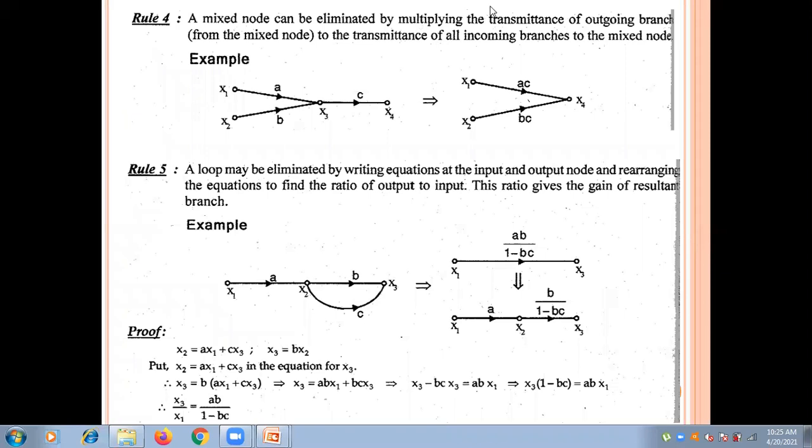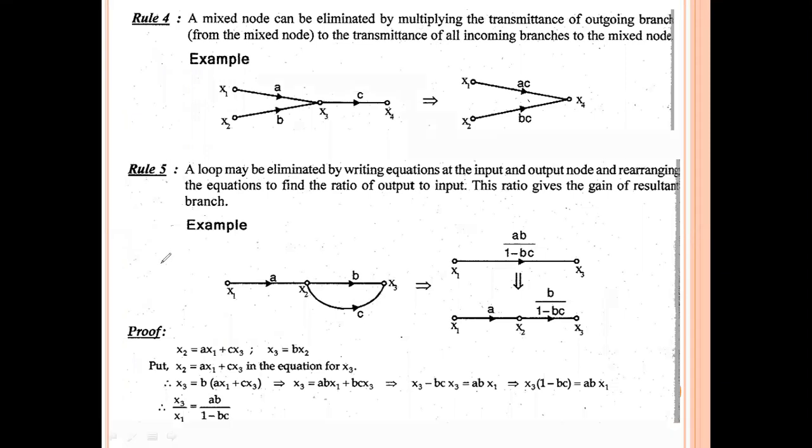How we can eliminate? We simply write the overall gain of this loop. Actually we have seen in block diagram reduction rule number 11 as G by 1 minus GH, because this is for positive feedback loop. So that will be G by 1 minus GH.